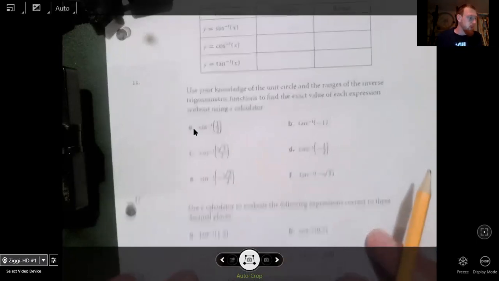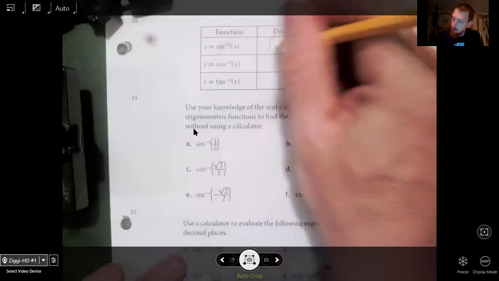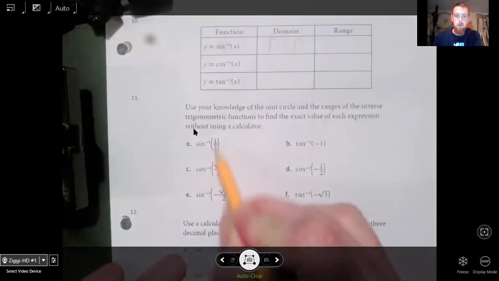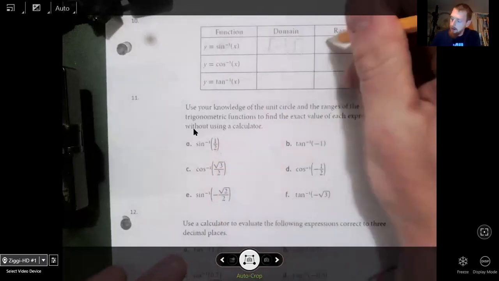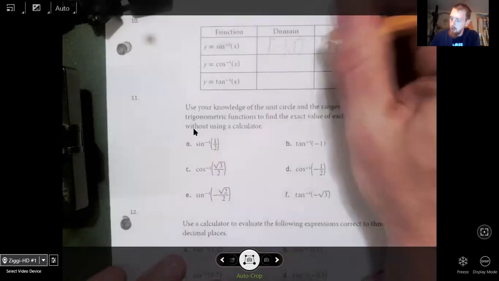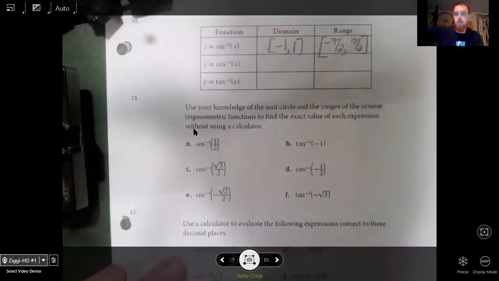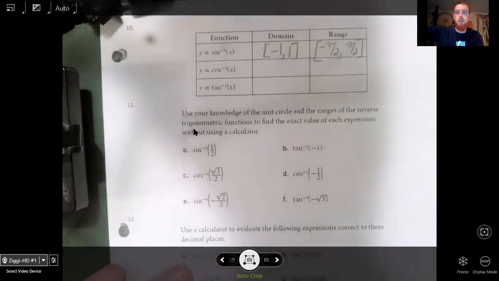But we need to think about the domain and range for the inverse sine function. The domain is -1 to 1 inclusive. That's good because we're plugging in an x value of 1/2. What is the range? The range is from negative pi over 2 to pi over 2 inclusive. Out of those two values, pi over 6 and 5 pi over 6, which is in that range?